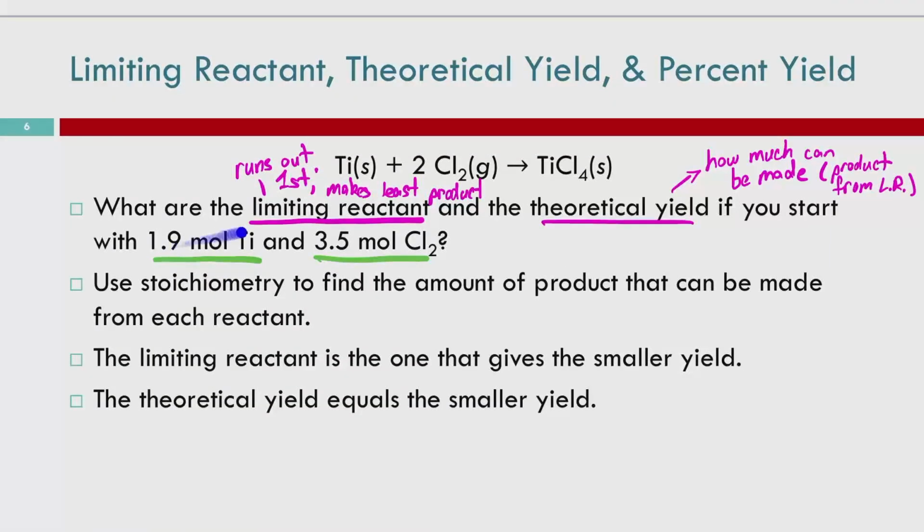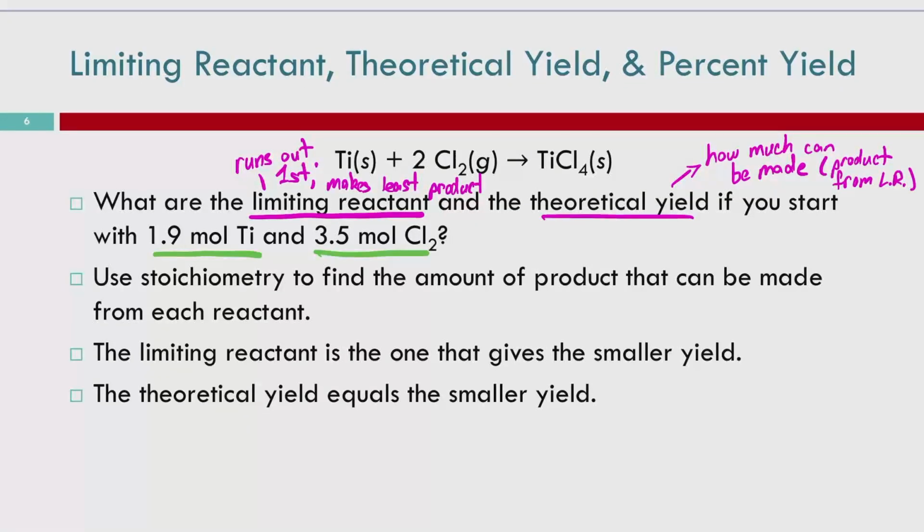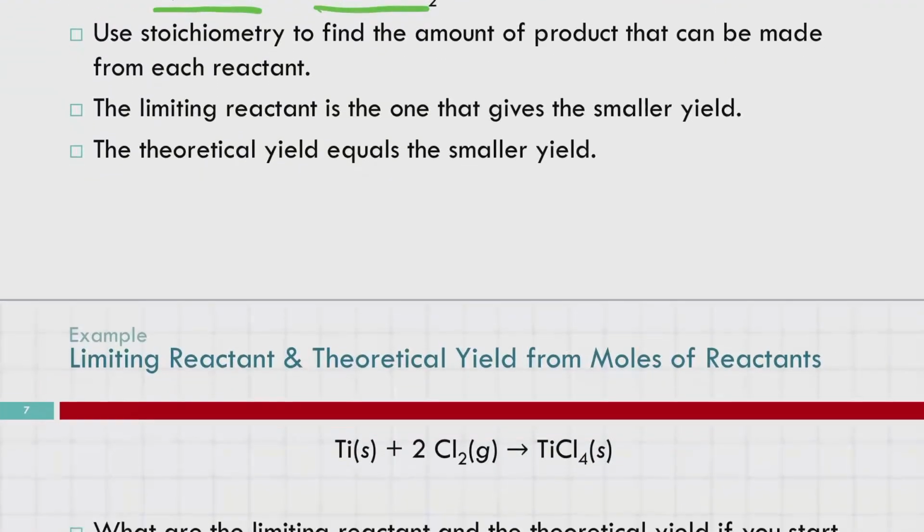So we're going from moles of titanium and moles of chlorine to moles of titanium 4 chloride, TiCl4. Our limiting reactant is going to be the smaller yield, the smaller number, and the theoretical yield is going to be that smaller number. And we've got this on the next slide.